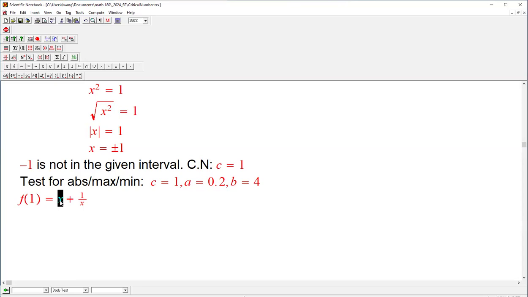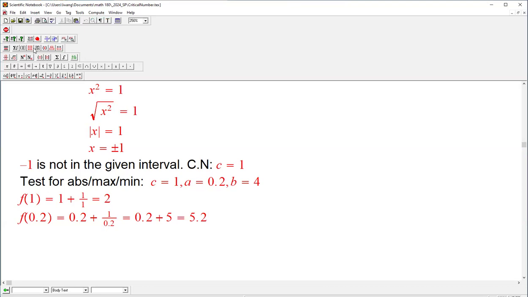For 1, f of 1 equals 2. For x equals 0.2, we get 0.2 plus 1 divided by 0.2, which is 5, so we get 5.2.